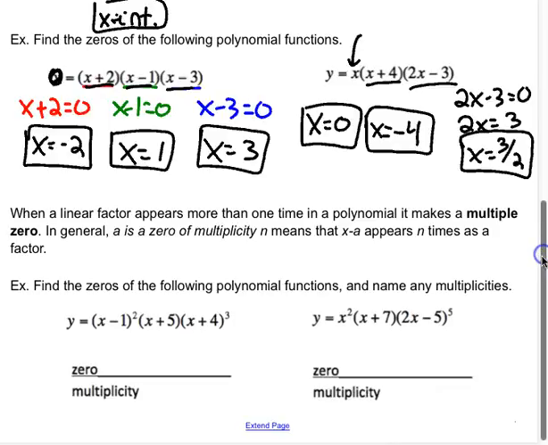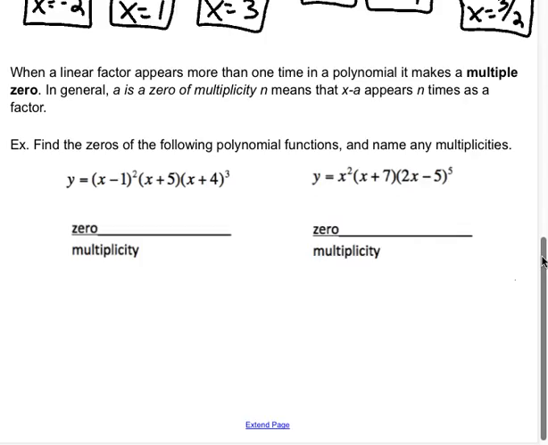So now it does get a little bit trickier though, okay? Because I could give you something like this and say, hey, find the zeros. Find when y equals 0. And now notice this has an added piece. This has exponents in it. Okay? What those exponents are is they're called a multiplicity. Okay?